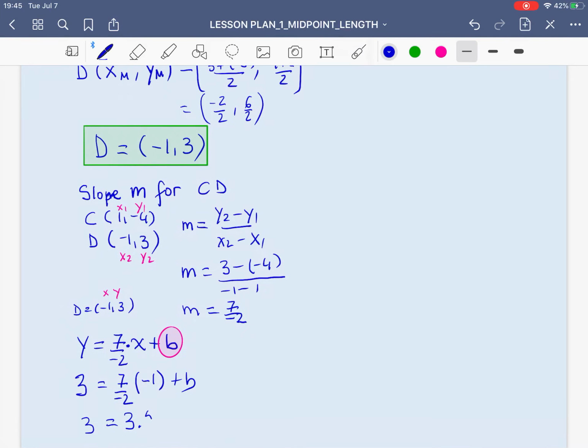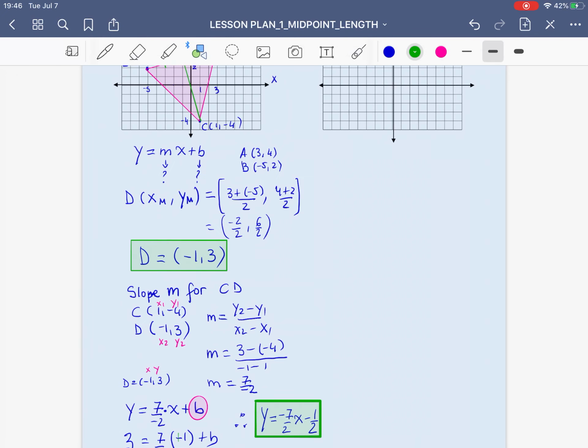As long as you're not rounding it, it's totally fine. Multiplied together will make a positive, right? Because two negatives. And then plus b. That will make b equal to -0.5. Take 3.5 to the other side. So therefore, the equation of the median is y equals -7 over 2 x minus 1 over 2. That's the -0.5. And with this, we are done finding the equation of the median.